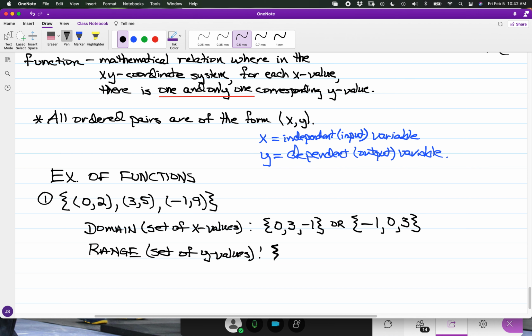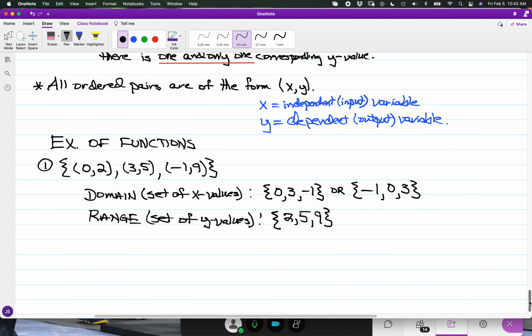For the y values, we have 2, 5, and 9. It could be 5, 9, 2, or 9, 2, 5, as long as you have those 3 values in the set.